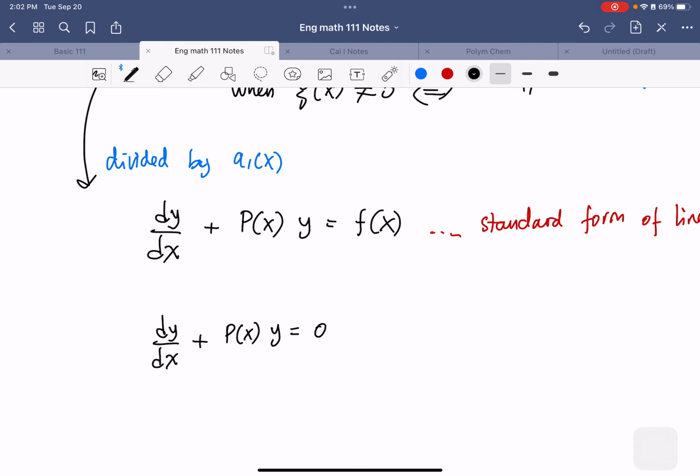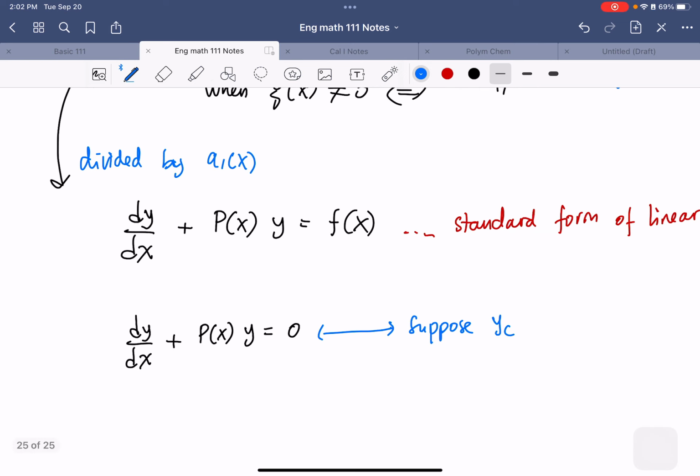Let's suppose the solution of this is yc, the solution of the homogeneous equation.